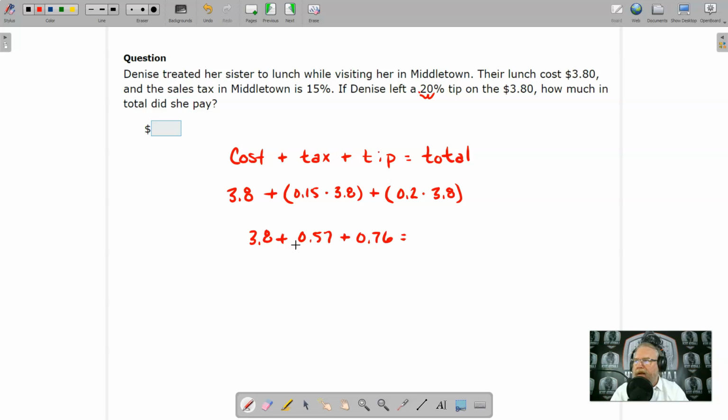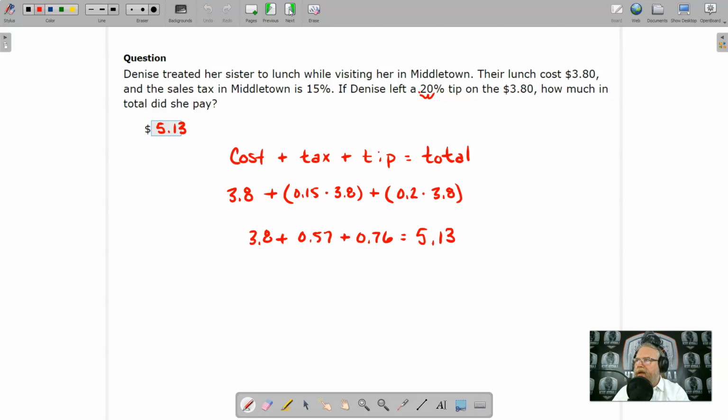Now I need to add all of this together, and I'm going to get 3.8 plus 0.57 plus 0.76. So she got out of there at a whopping $5.13. Okay, it's a pretty cheap meal. I don't know where she's eating at, but I'd like to find that restaurant. So $5.13 is her total.